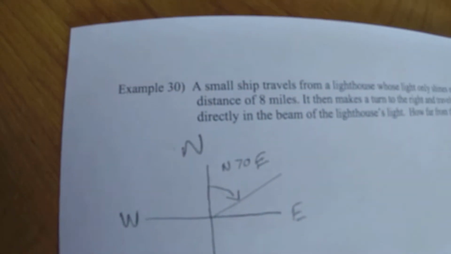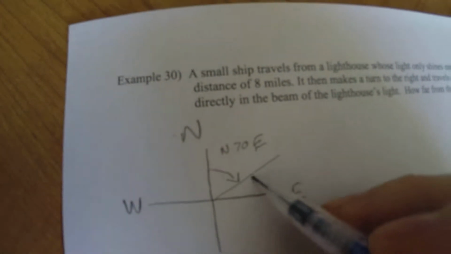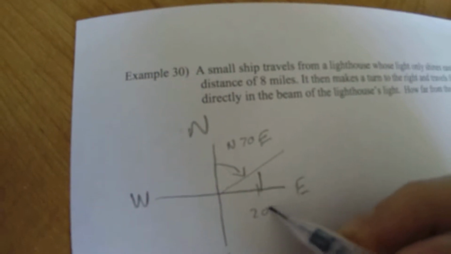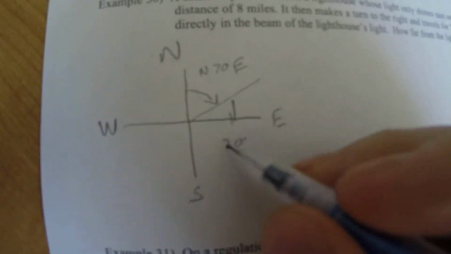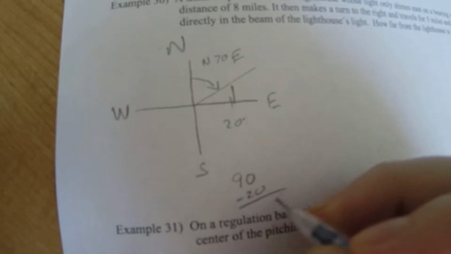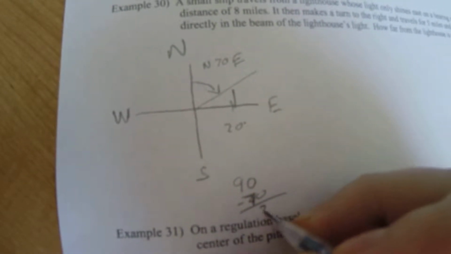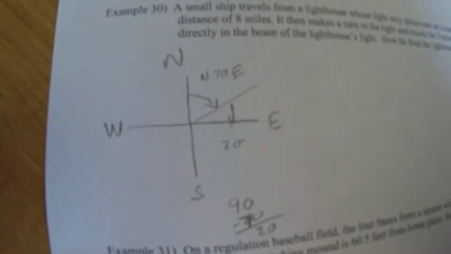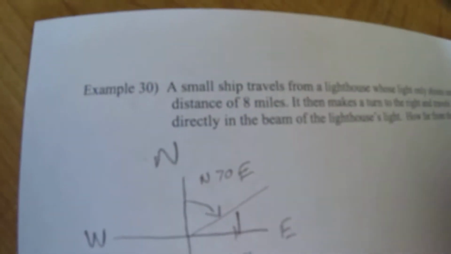We also now know that this is 20. If you're wondering, Mr. Anderson, where did you pull 20 out of? The answer is because this is a 90-degree angle, and 90 minus 70 is 20. So that's what our picture is looking like.